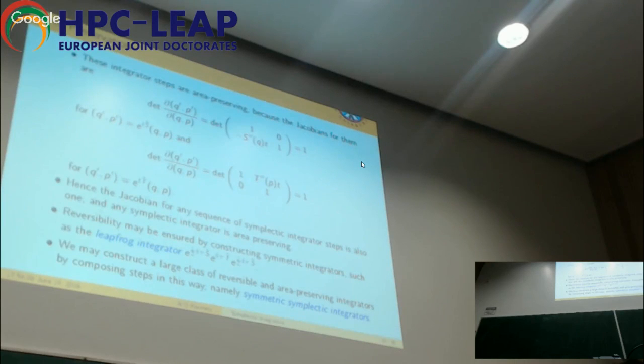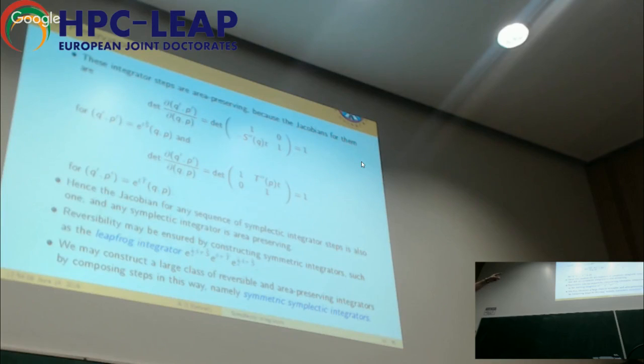Now, the matrix for the Jacobian has 1 on the diagonal, because basically it takes a function of q and p and leaves q unchanged, so dq by dq, the top left-hand one, is 1, and it modifies p by something that's only a function of q. Therefore the bottom right corner is also 1.